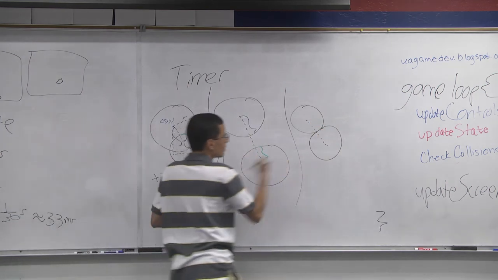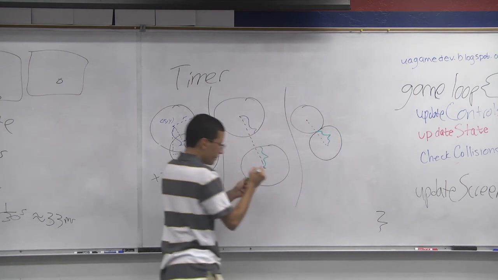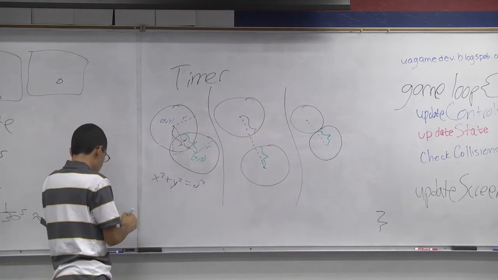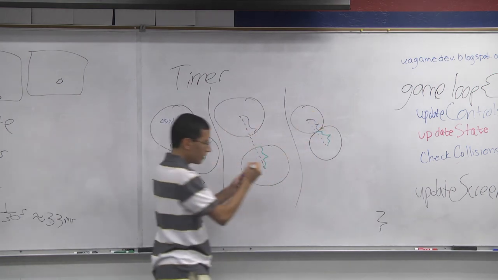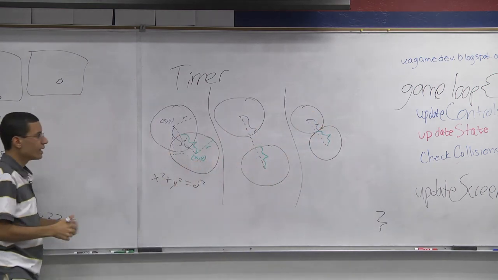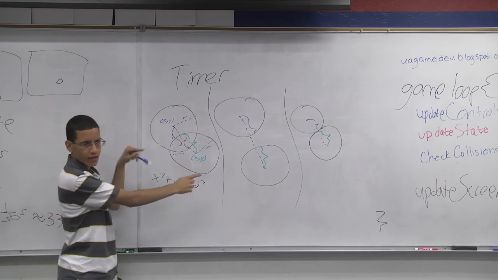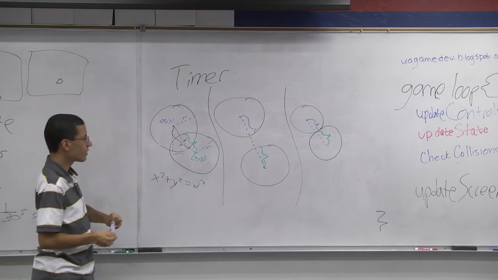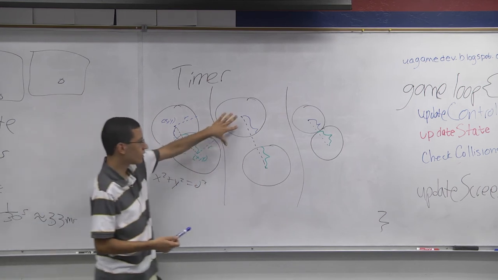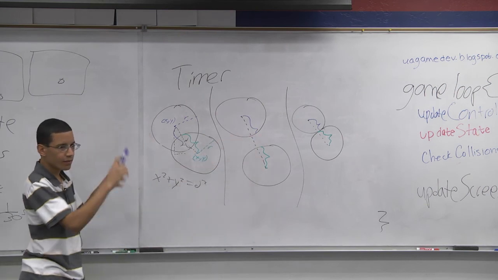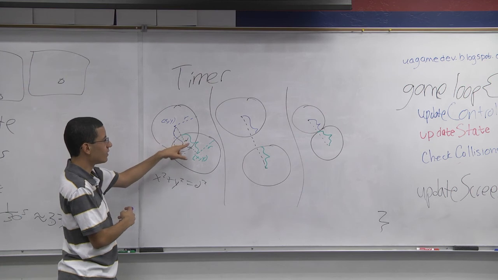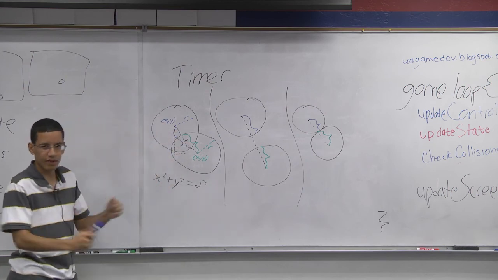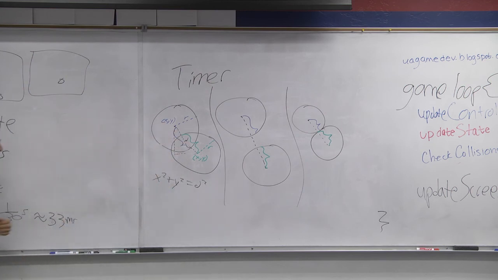So basically our algorithm for detecting collisions between circles is to say, let's measure the distance between the two center points. Let's also get the sum of their two radiuses. And if the sum of the radius is bigger than the distance between the circles, then we must have a collision. Got it? That's our algorithm.